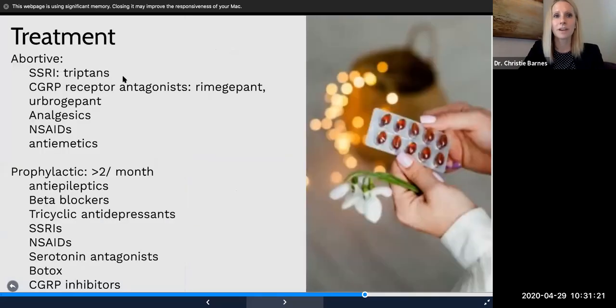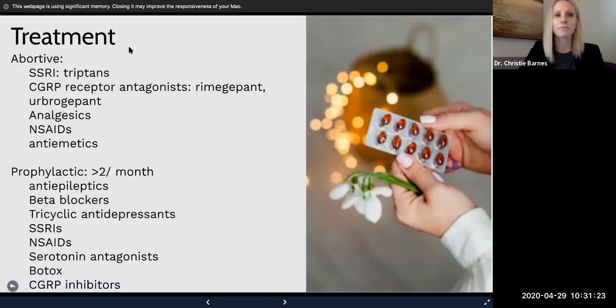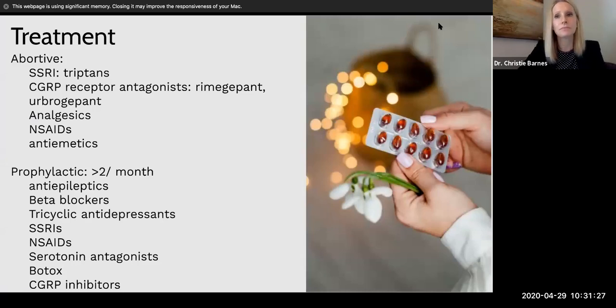our treatment algorithm. So, there's the classic abortive measures. Triptans are still first line as a treatment and diagnostic measure, and you have to understand that you need to use them carefully in people with cardiovascular disease.